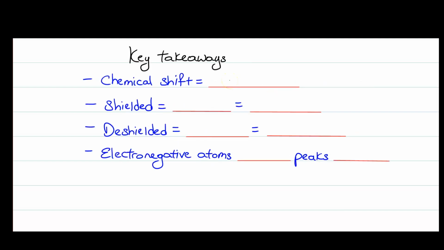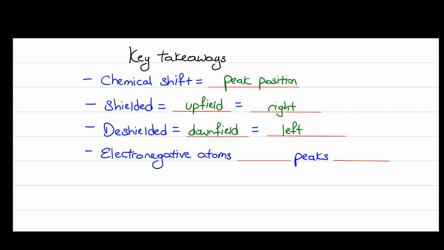Last but not least, let's do a quick recap. Chemical shift is the position of a proton signal on the NMR spectrum. Shielded protons appear upfield, on the right. Deshielded protons appear downfield, on the left.